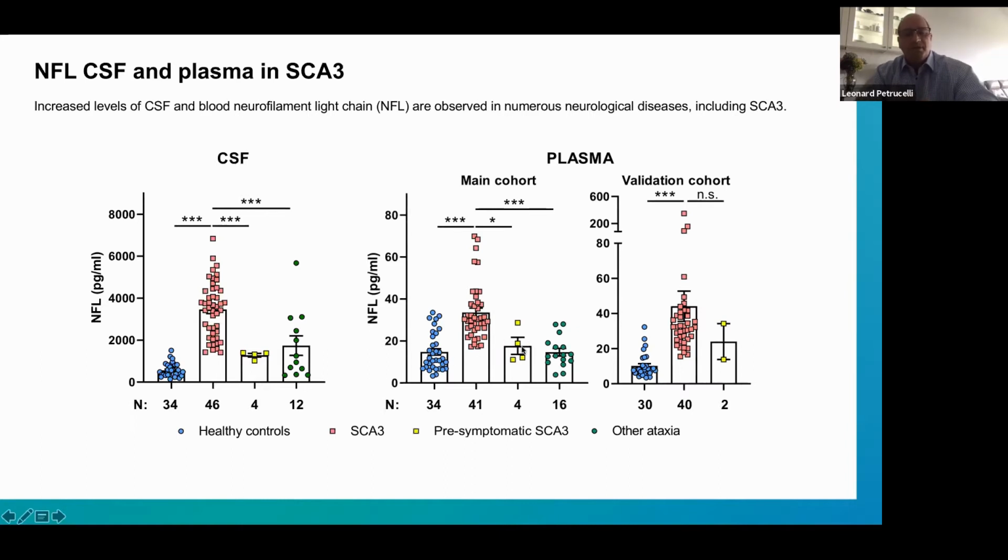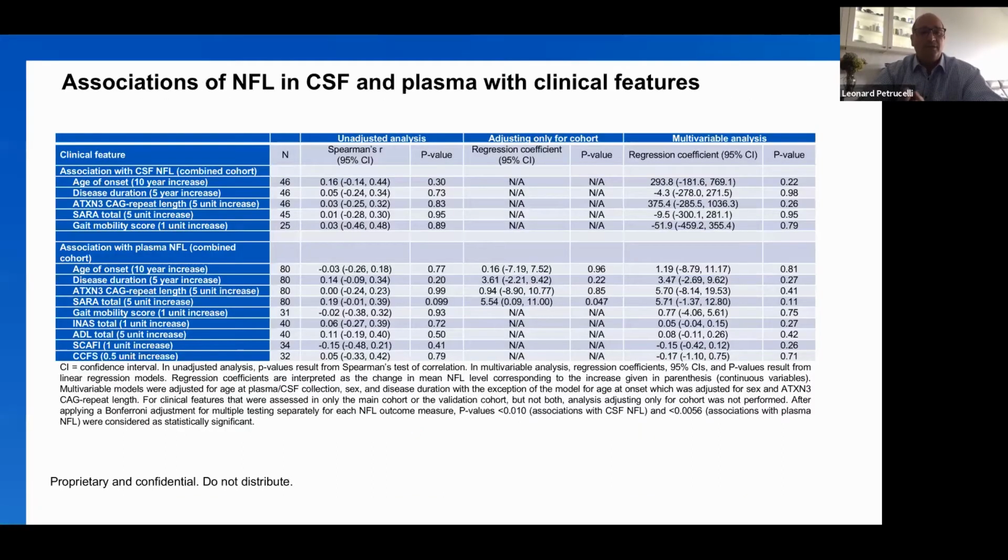So what does it mean clinically, similar to the polyQ? Will there be any associations with NFL levels, given that you can readily detect it and it's quite high in SCA3 patients?